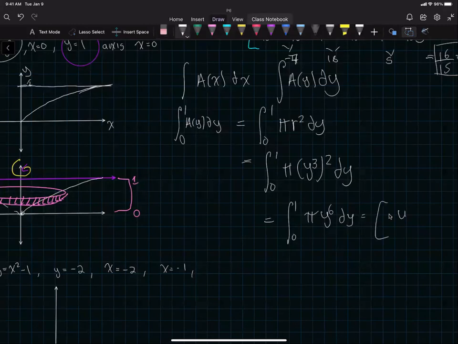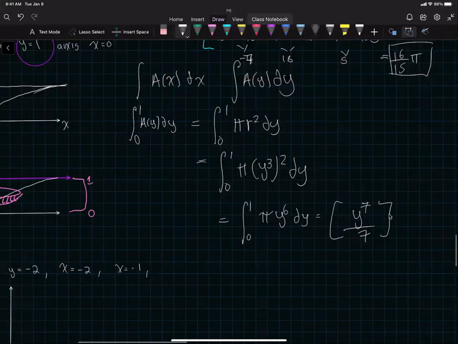This is going to be y to the 7 over 7 from 0 to 1. Always remember to divide by the exponent that you have here on top. So we add 1 and then we divide by that exponent. So go ahead and finish it for me and tell me the answer on the chat.